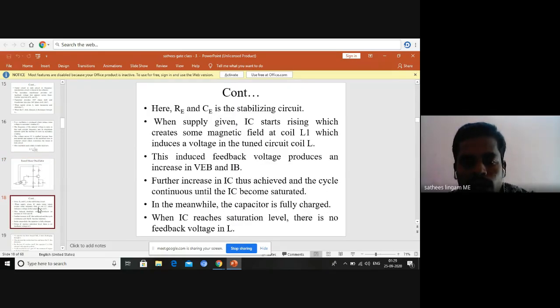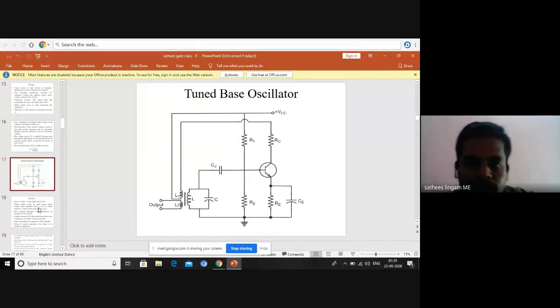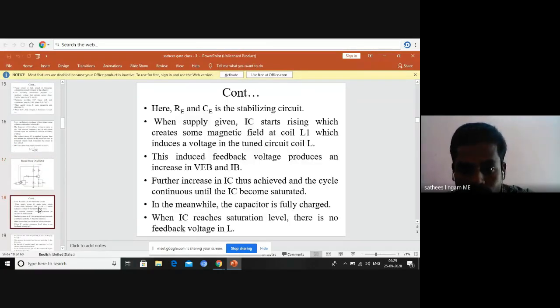See here, when supply is given, IC starts rising, which creates a magnetic field in the coil L1. Because of the DC supply received from VCC, L1 is getting energized, which induces voltage in the tuned circuit coil.